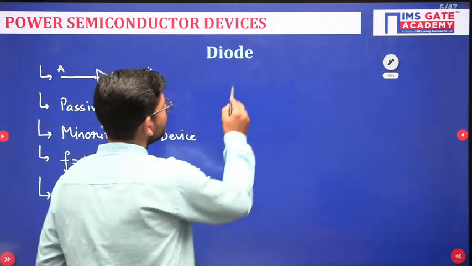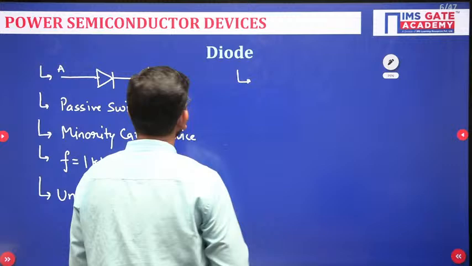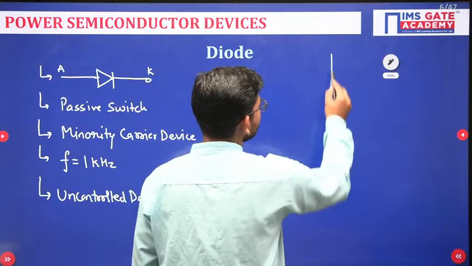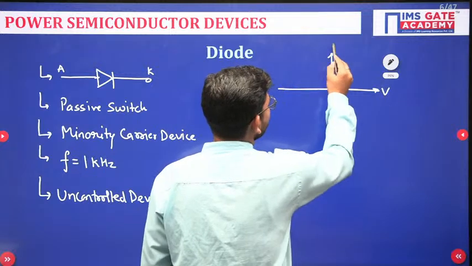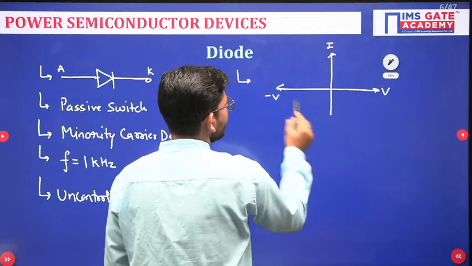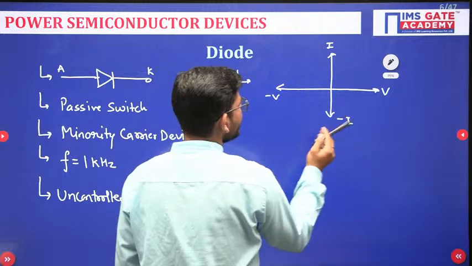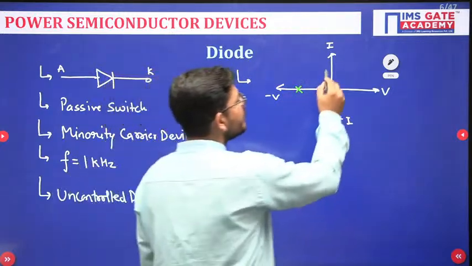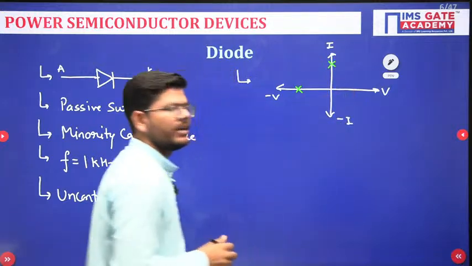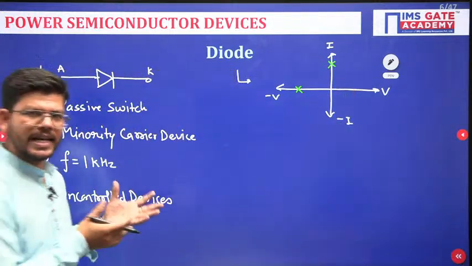Now when it comes to the switch realization, the diode can be realized in this manner. It is capable of blocking negative voltage when it is off, and when it is on, it will be carrying positive current. So the switch realization will be in the second quadrant.